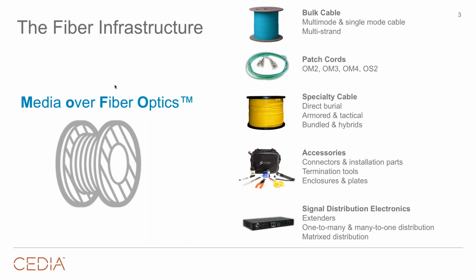There is obviously bulk cable when we're working with fiber optics. Patch cords, some people call these pre-mades. Basically, they're pre-terminated cords that come from the factory already with the connectors on them. These all exist in a fiber optic infrastructure. Specialty cables, things like direct burial, tactical cables, outdoor rated, UV rated cables. All of these things are available.